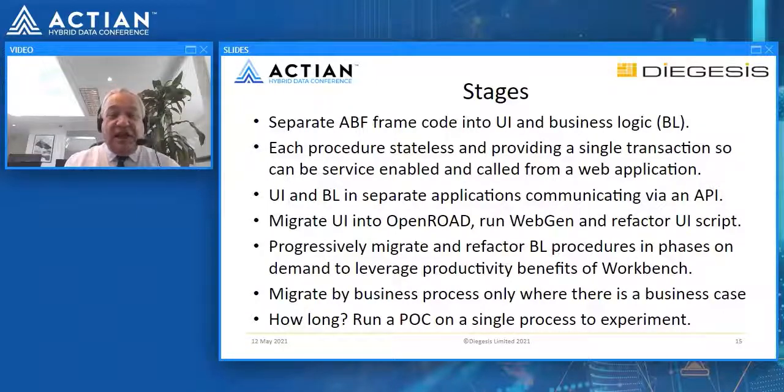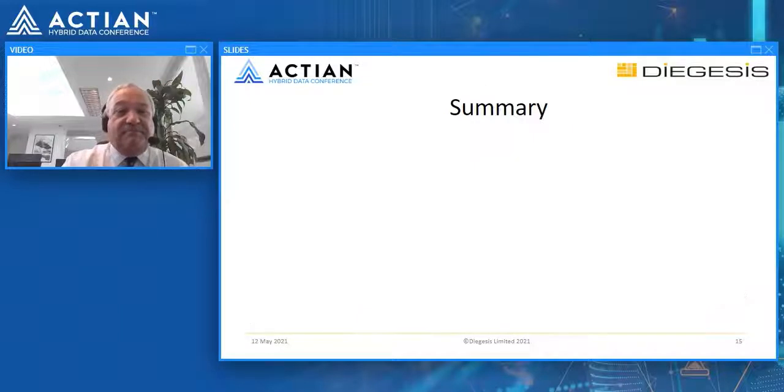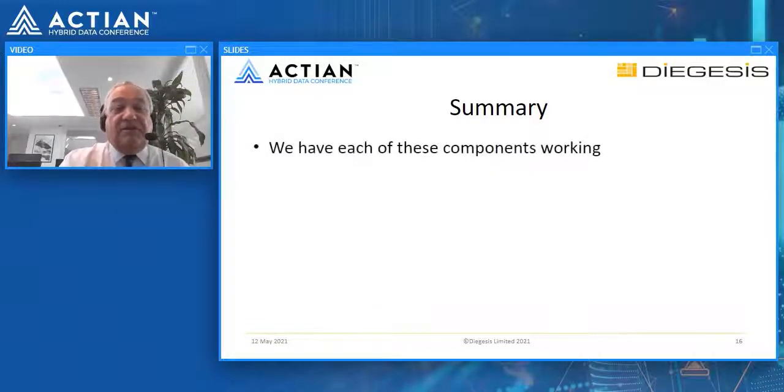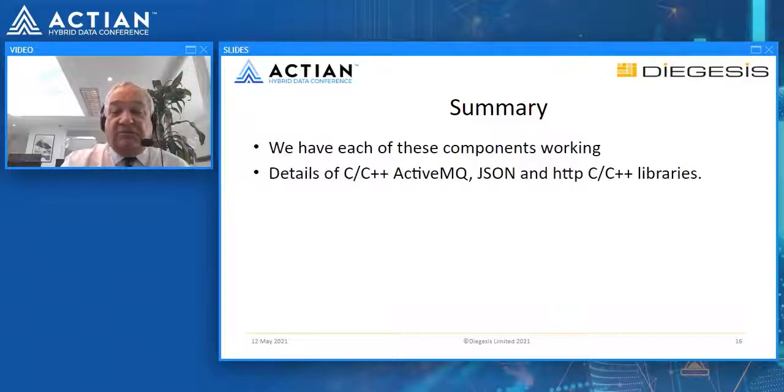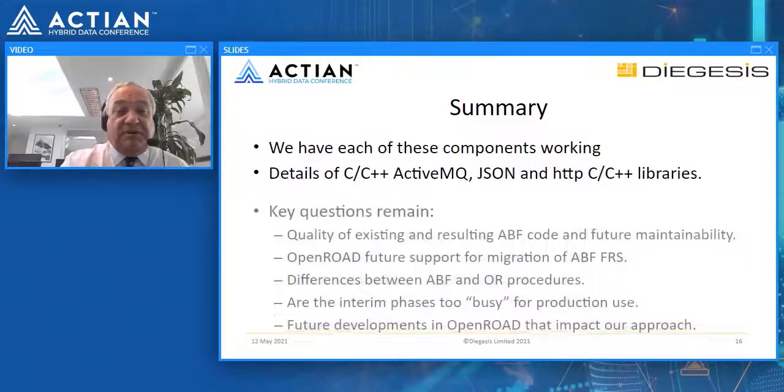You don't have to go and experiment saying how you do an ActiveMQ queue, or how you install OpenROAD server if you've not done it before, or how you get the curl libraries working. All that sort of stuff we've done for you. So in summary, we've got each of these components working. We can provide details of all the libraries we've used.